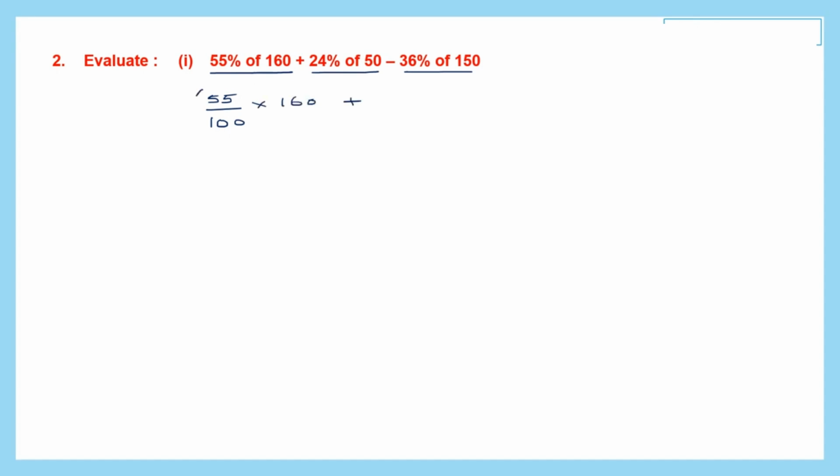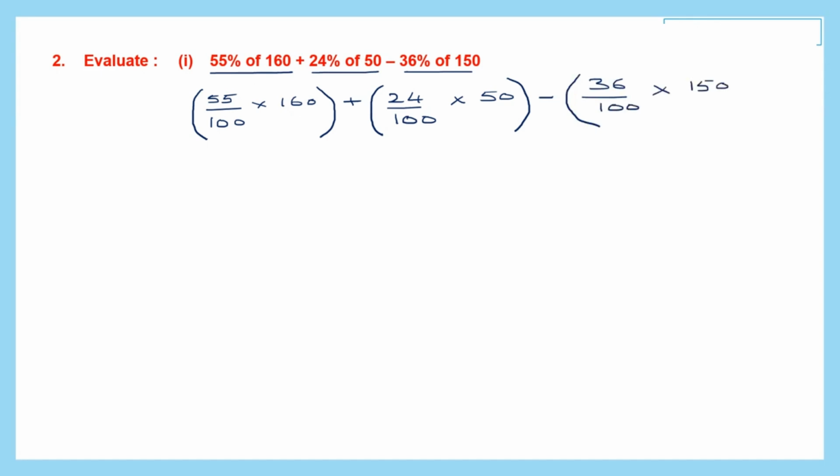Now the next part. So this is the first part. We have it here. Then we have the second part here. That is 24%. 24 by 100 of is into 50. And then we have the third part. Now here this minus. So here we have 36%, which is 36 by 100 of is into 150.